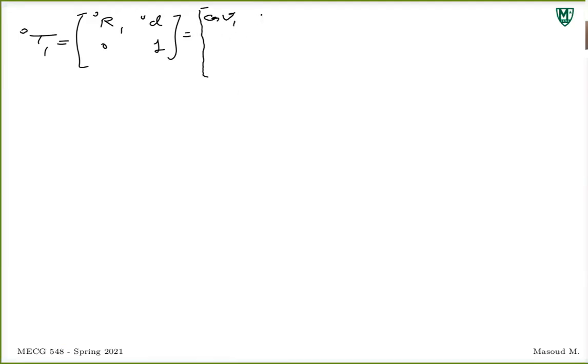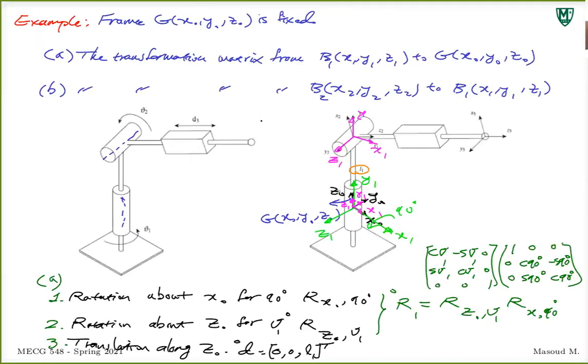Cosine V1, 0, minus sine V1, 0, sine V1, 0, cosine V1, 0, 0, 1, 0, 0, and then 0, 0, 0, 1. Oh, this is actually L1. So that would be your transformation matrix for part A, from B1 to G. You start from where G is, find the orientation, that gives you the rotation matrix. Once you know the rotation matrix, find the translation, and you're done.